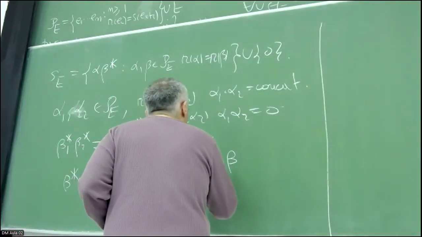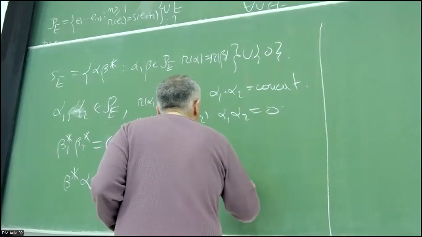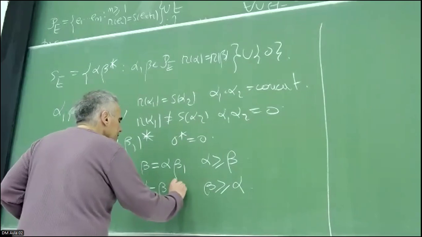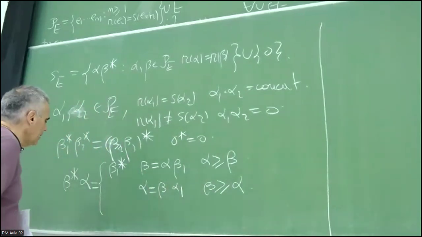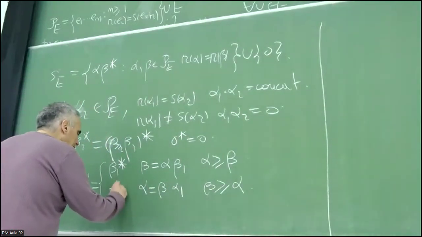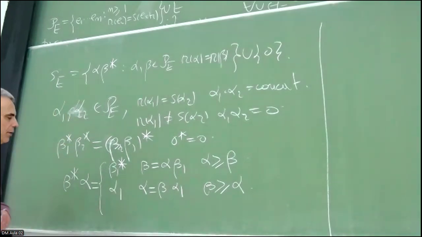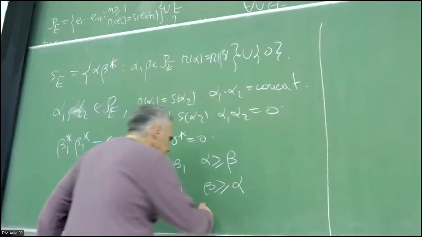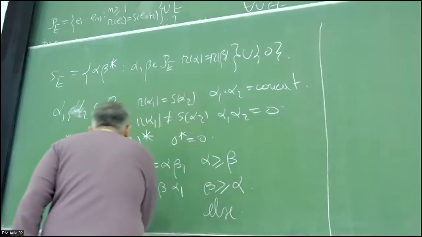Now, what happens if beta is bigger than alpha? Then this means that alpha is beta times some alpha 1. So in this case, I get alpha 1. And otherwise, beta and alpha are not comparable. And in that case, I get 0.